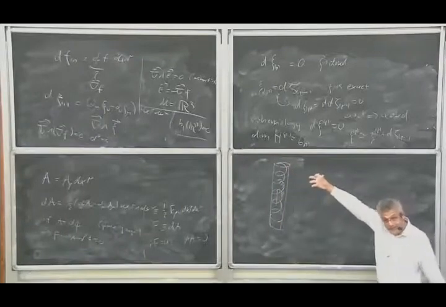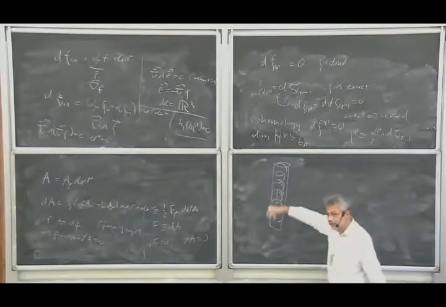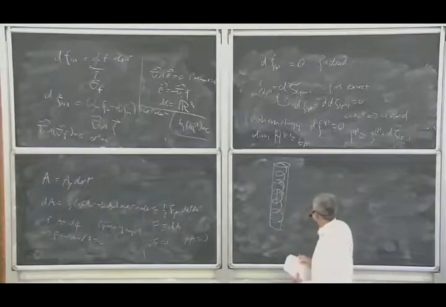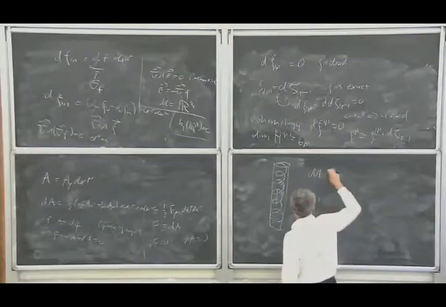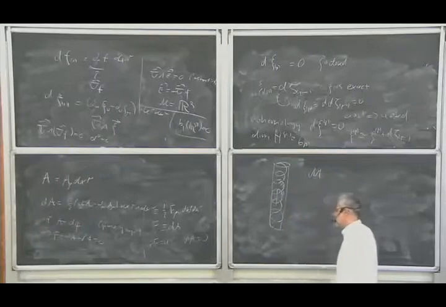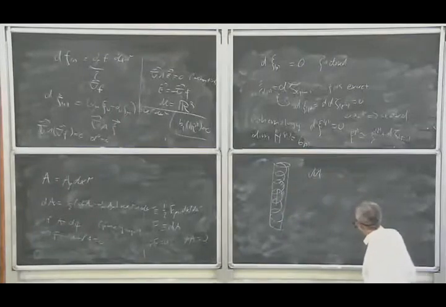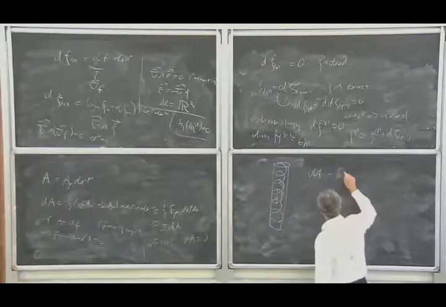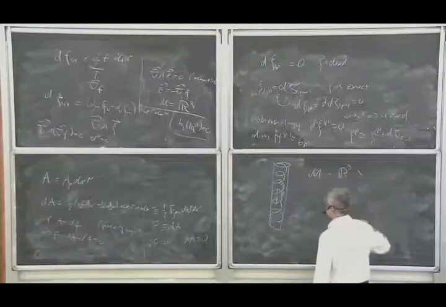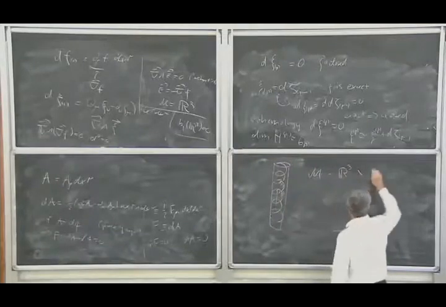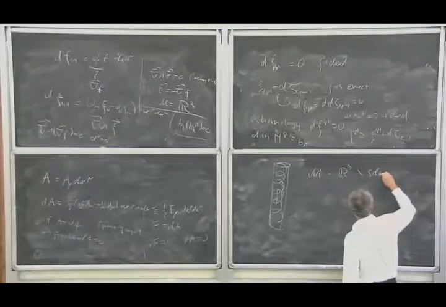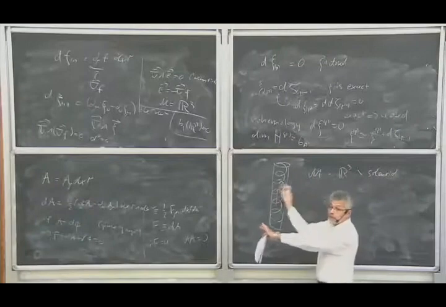There's no magnetic field outside because it's infinitely long. So now I take as my space-time, or space, because we're in a static situation, we forget time, M is R3 without the cylinder, without the solenoid. So my manifold is all the space outside the solenoid.